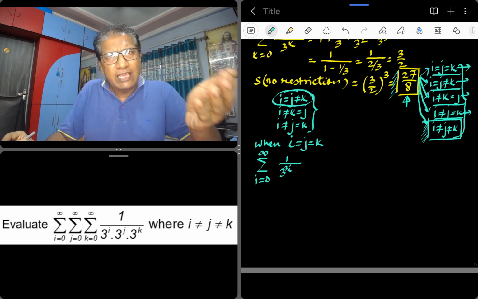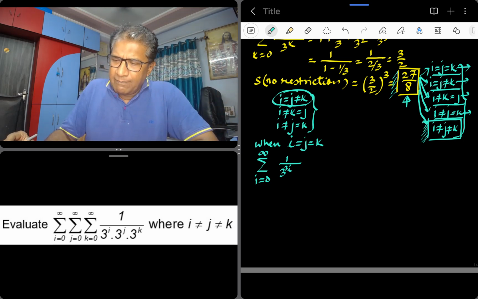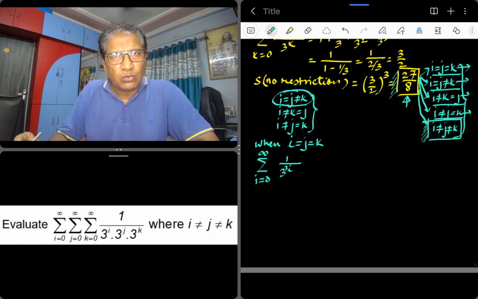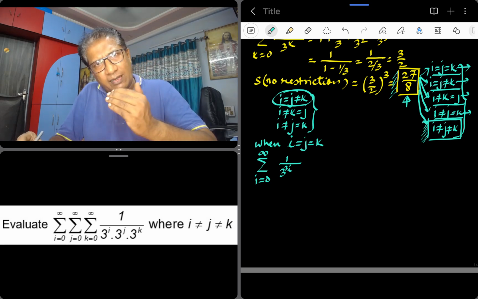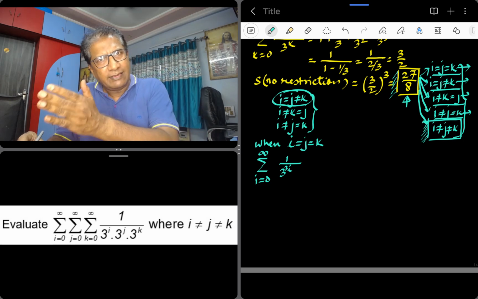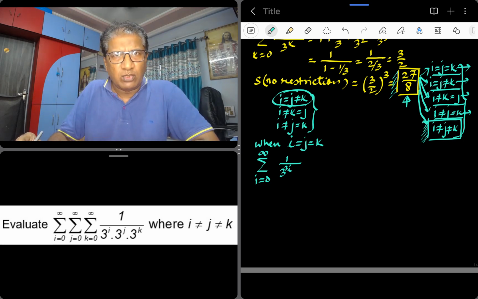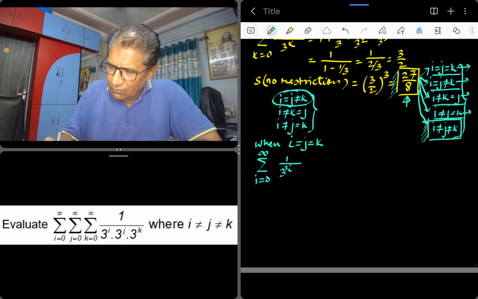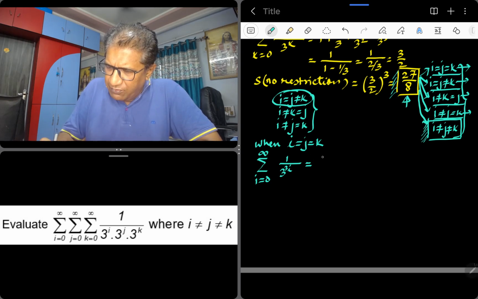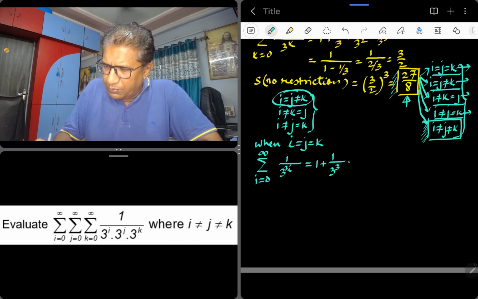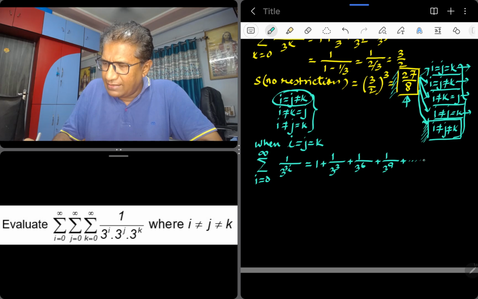As you have considered I equals to j equals to k, so this term will become 1 by 3 to the power I plus I plus I, that is 1 by 3 to the power 3i. So if I put the values of I, we are going to have 1 plus 1 by 3 cube, 1 by 3 to the power 6, 1 by 3 to the power 9, and this thing goes on.